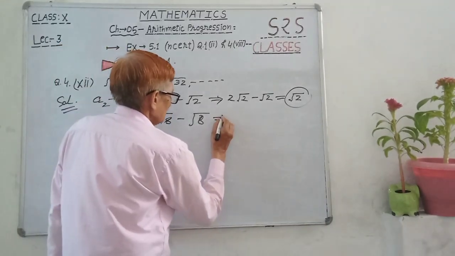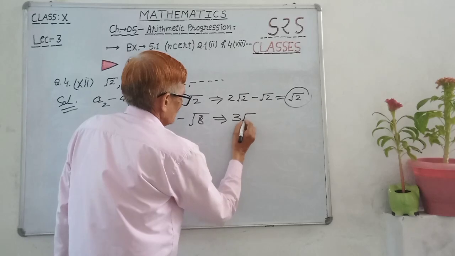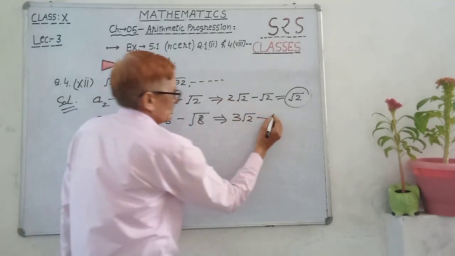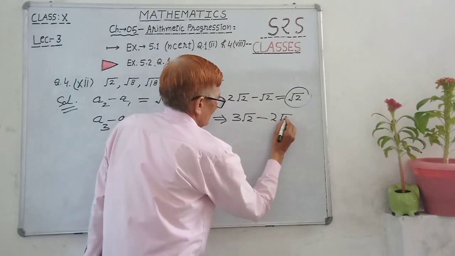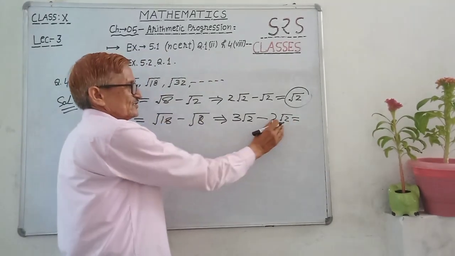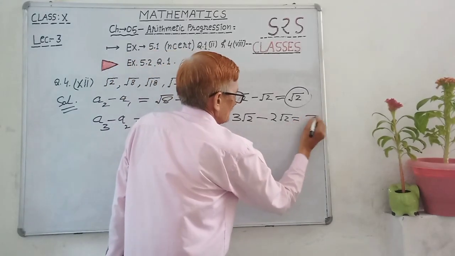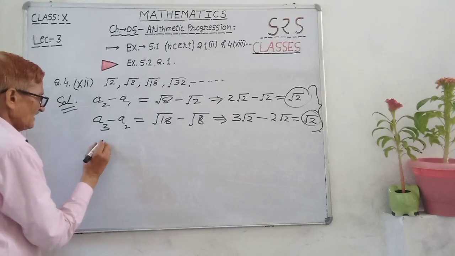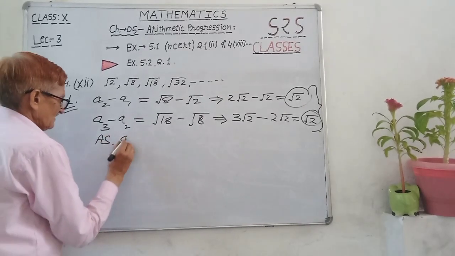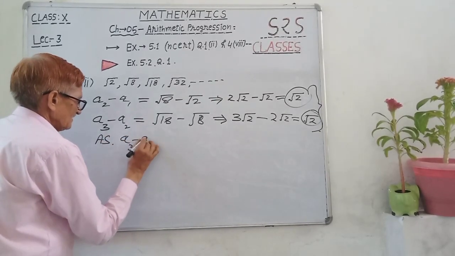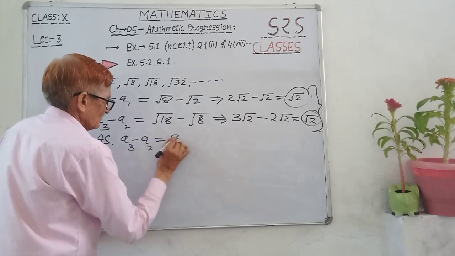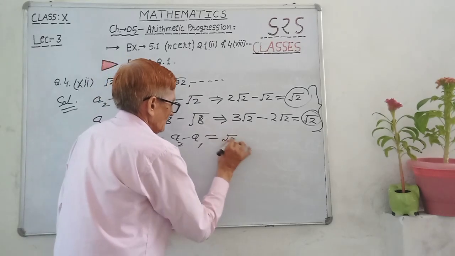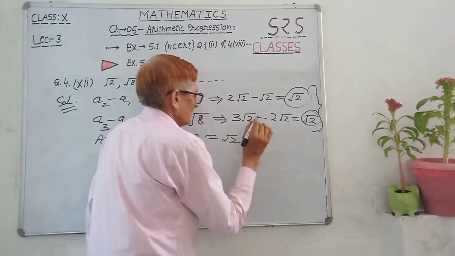तो दिस इम्प्लाइज दिस इज 3 रूट 2 माइनस रूट 8. अभी बताया रूट 8 वैल्यू 2 रूट 2. देन लाइक टर्म 3 रूट 2 माइनस 2 रूट 2 1 रूट 2 सेम. तो फ्रॉम दिस वी कैन से एज a3 minus a2 is equal to a2 minus a1 is equal to root 2 is equal to d, common difference.